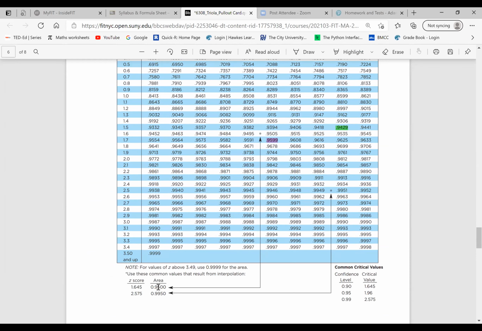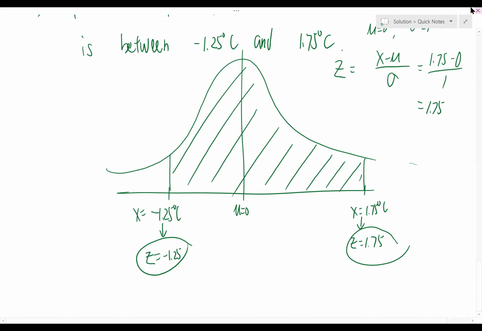So if you go back here, the probability associated with the z-score equal to 1.75, we include the designated area in between, also this triangle area here. All right, and this is 0.9599, right? Which is the bigger probability.